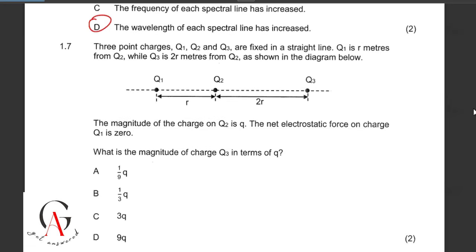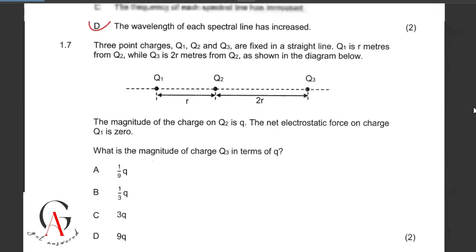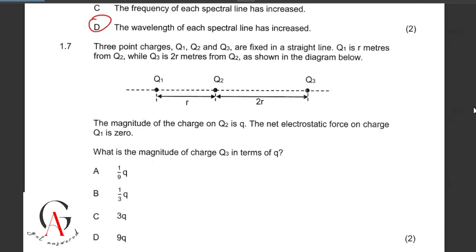And then 1.7, three point charges Q1, Q2, and Q3 are fixed in a line. Q1 is R meters from Q2, Q3 is twice R further, and the magnitude of Q2 is Q. They want us to get the net electrostatic force on charge Q1 to be 0. If the net electrostatic force is 0, what is the magnitude of Q3, just in terms of Q?